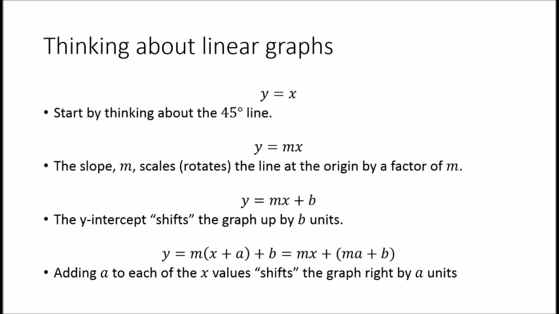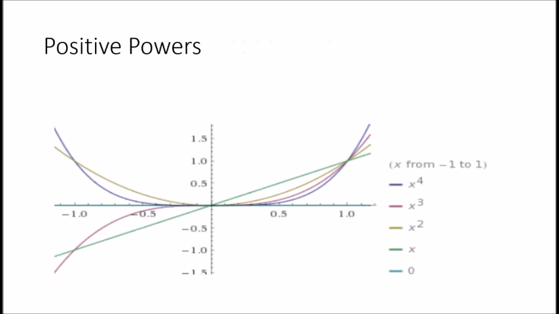So now that we have those concepts of stretching and of shifting graphs, we're going to look at some basic graphs for the different functional forms. So if you have a power function where you have x raised to a particular power, I want you to notice that for positive powers, basically your graph is going to take one of two forms.